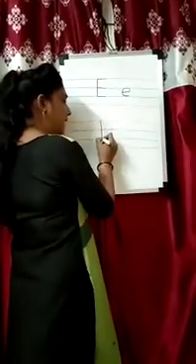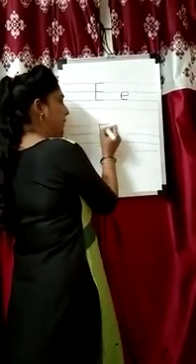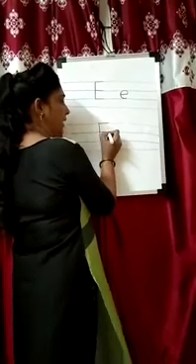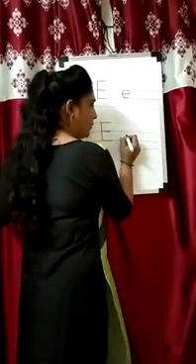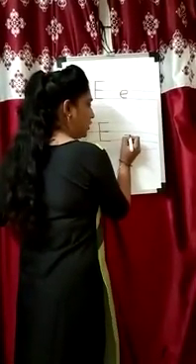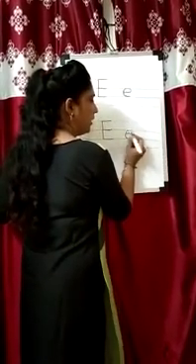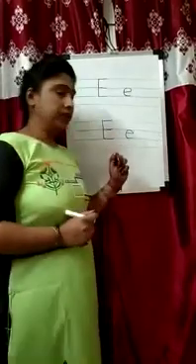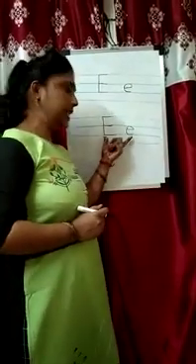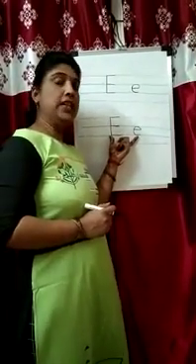Once again, standing line, sleeping line, sleeping line, sleeping line, and small e. First of all, you draw a sleeping line and turn a right open curve. Okay kids, this is alphabet E.